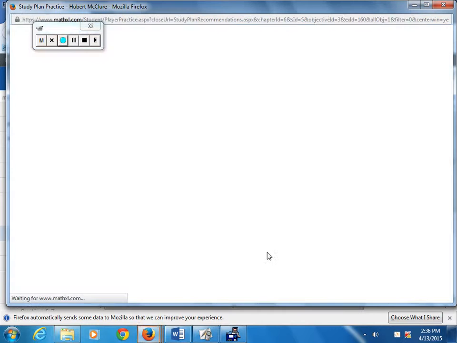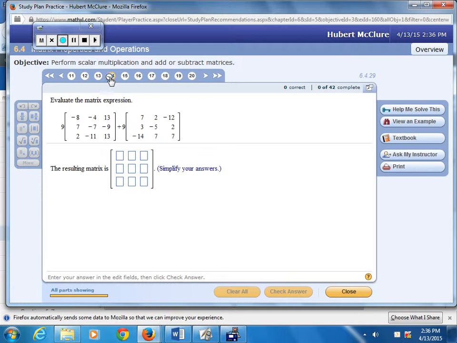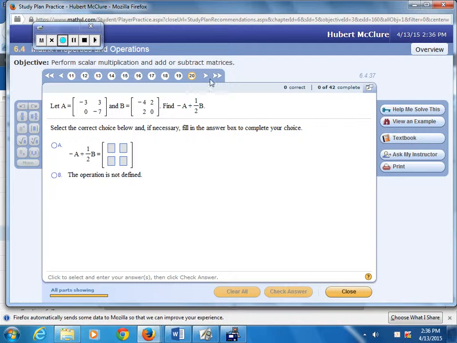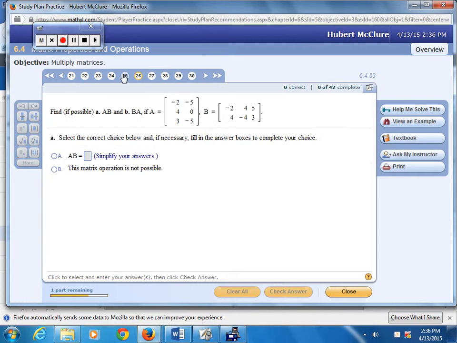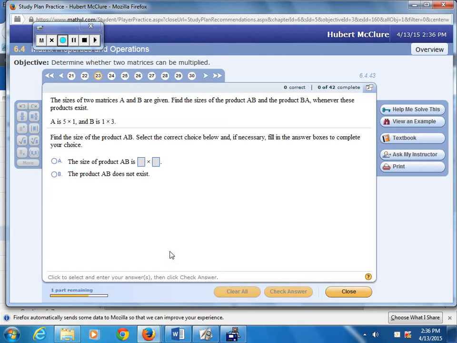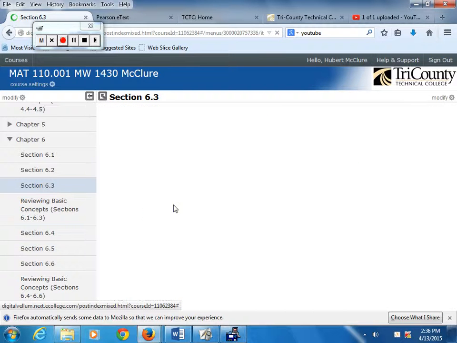Maybe we can do a couple to get y'all discouraged. Maybe get you to quit. That's not it either. All I need is 3x3. They're just multiplying. I don't care anything about that. Alright, so it must be 6.3 we're on.